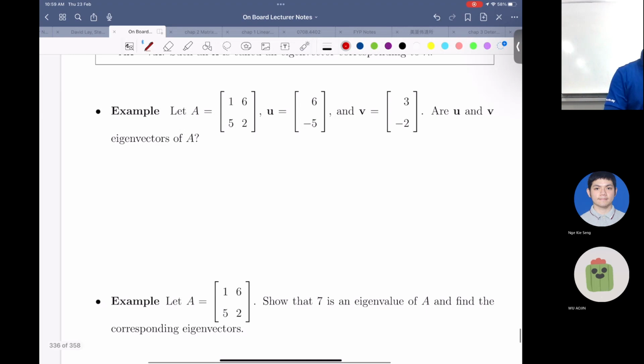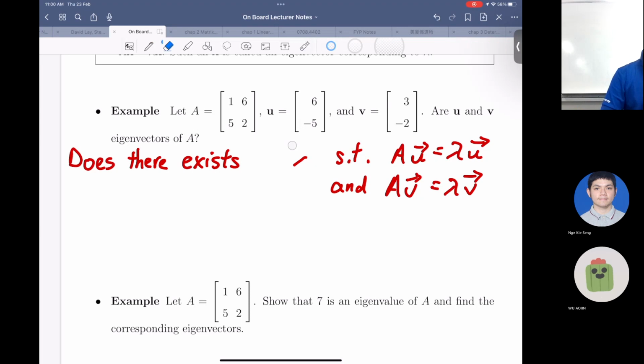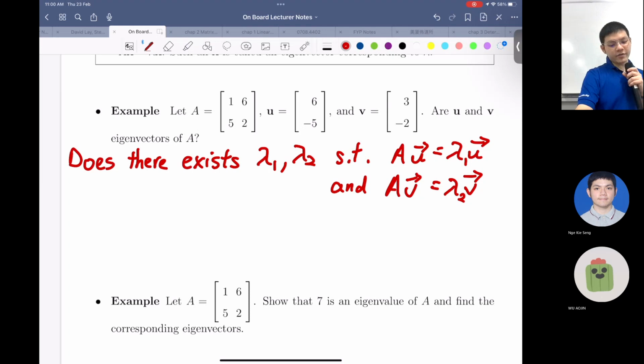This means: does there exist a lambda such that AU equals lambda U and AV equals lambda V? Maybe we use different lambdas, lambda 1 and lambda 2. How do we find out?